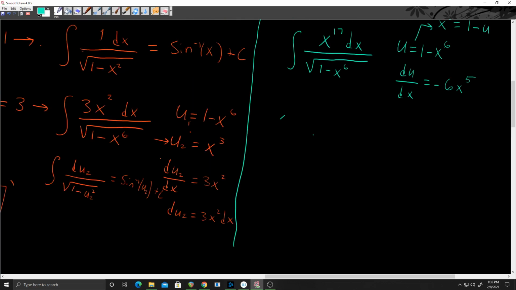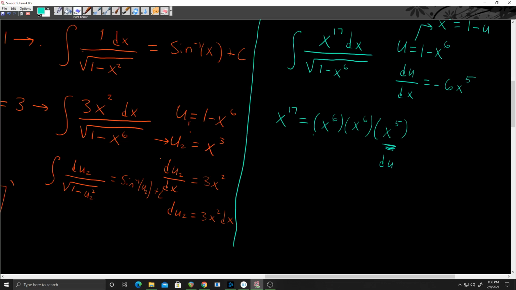Separately, x to the power 17 is exactly the same as x to the 6 times x to the 6, so that's x to the 12, and then times x to the 5. Well, check this out: here is my du factor. I do have to divide a little bit, so don't forget about that. But basically du is some x to the 5th.